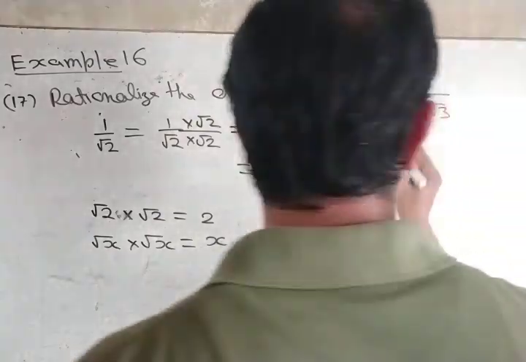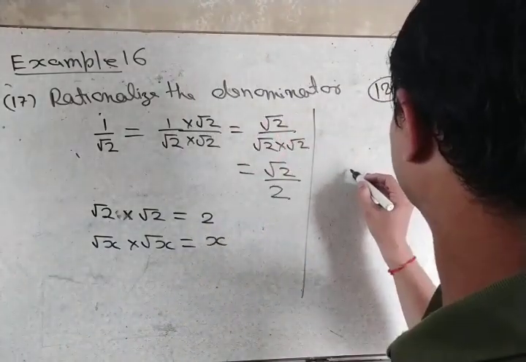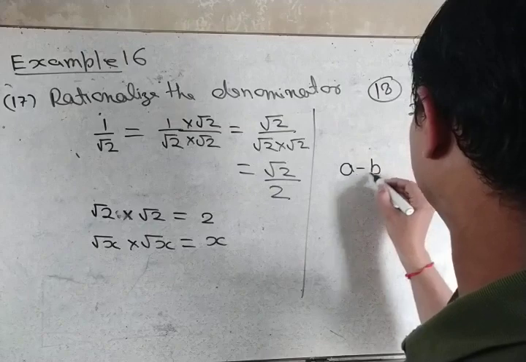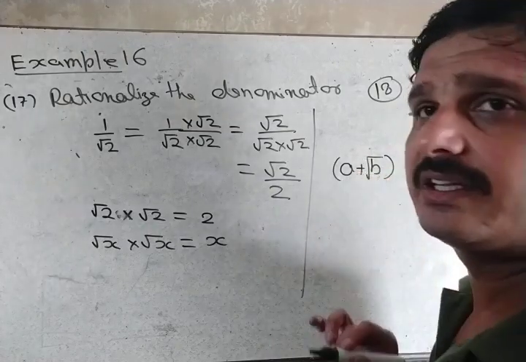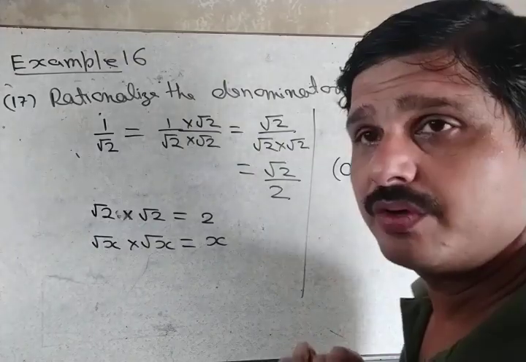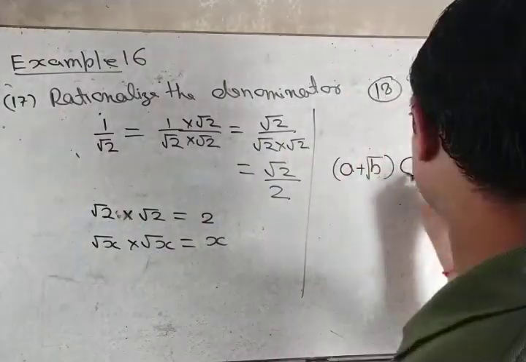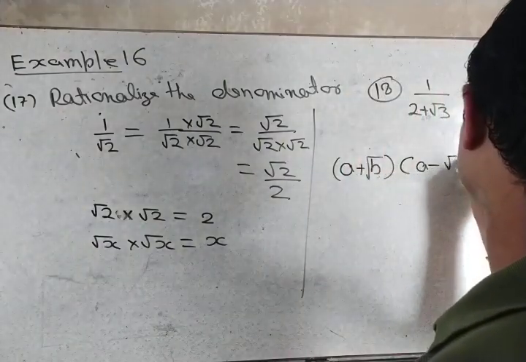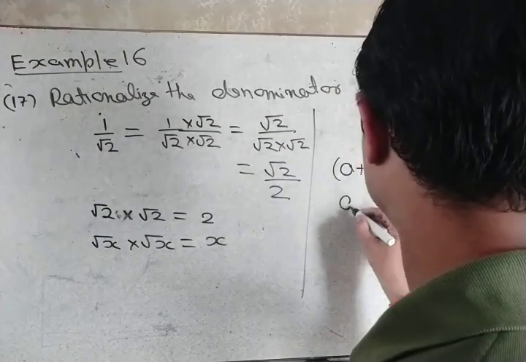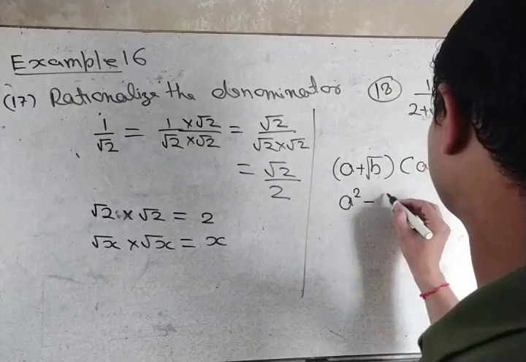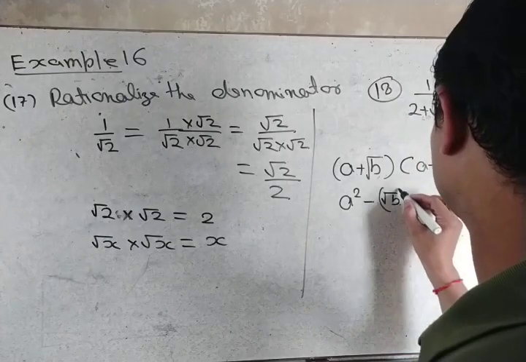But we know that when we have a quantity like this and we have to remove the root from it, then we have to multiply by this. In this case, the result is a square minus b square.